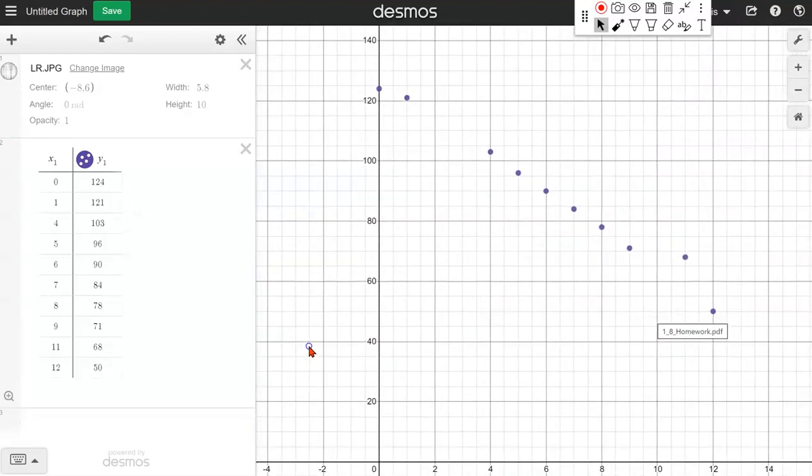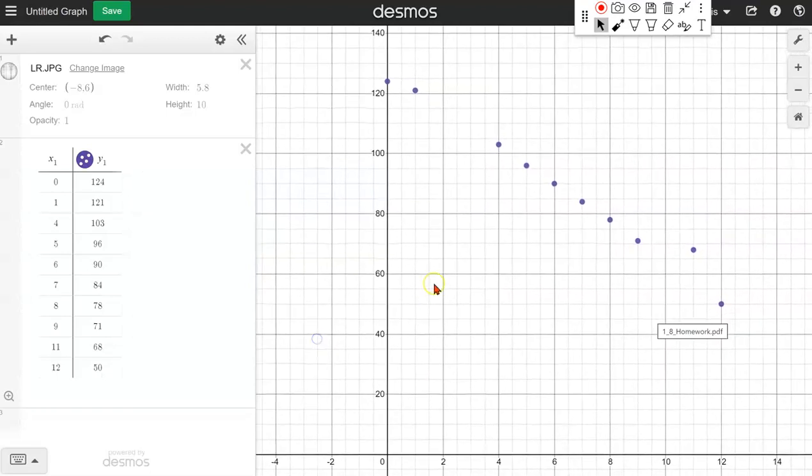And you will see our points here. So these are all the points, the data. 0, 124, so this is the first point. Next is 1, 121, and so on up to 12, 50. So those are all the data.